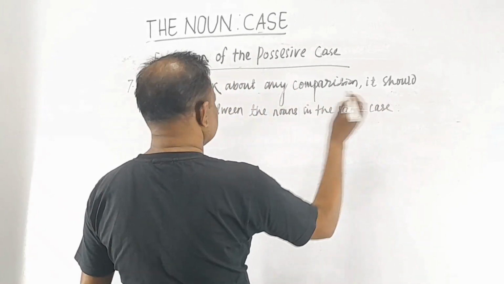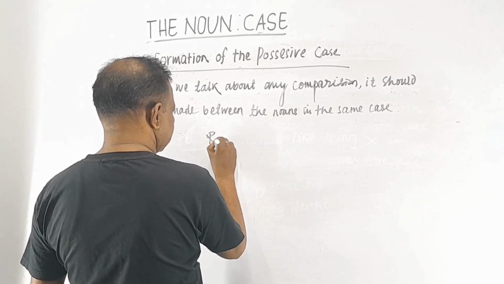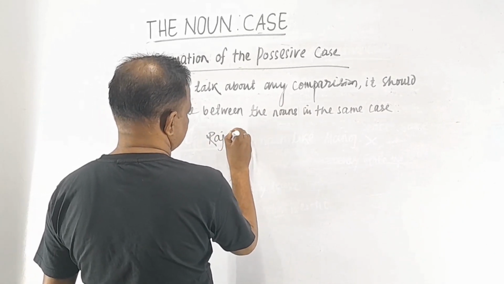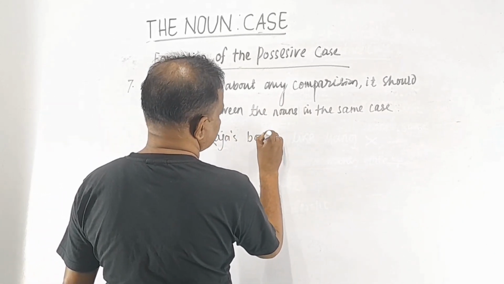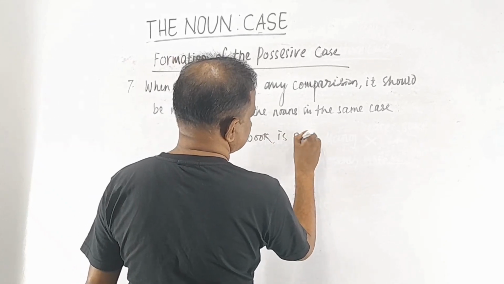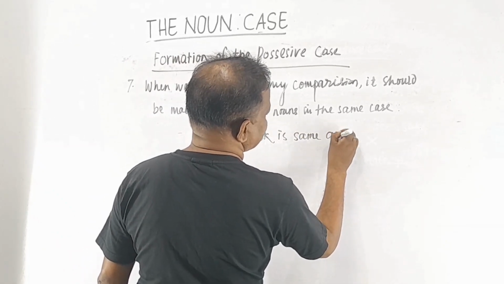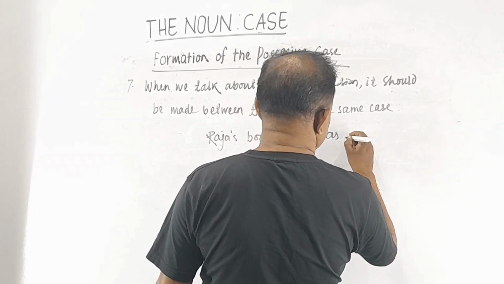Okay. For example, Raja's book is same as Manoj.